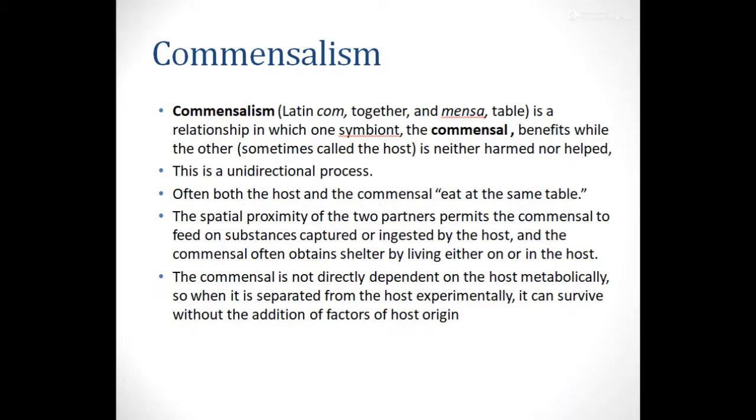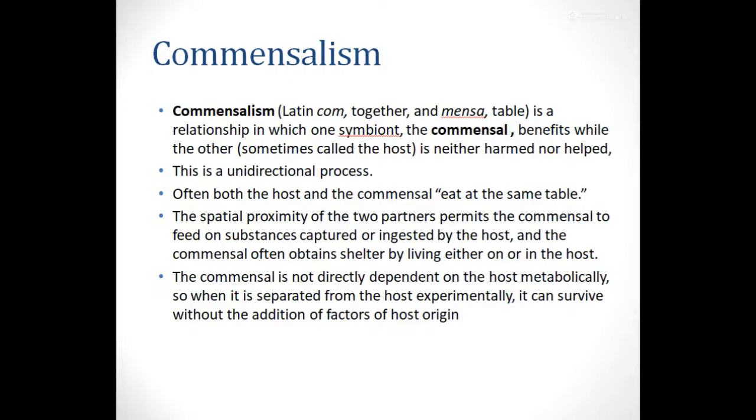So there is one organism which is feeding or capturing certain substances, and there is another member, the symbiont, living in close proximity to the host. It may get shelter, and sometimes the food consumed or captured by the host is also shared with the symbiont.